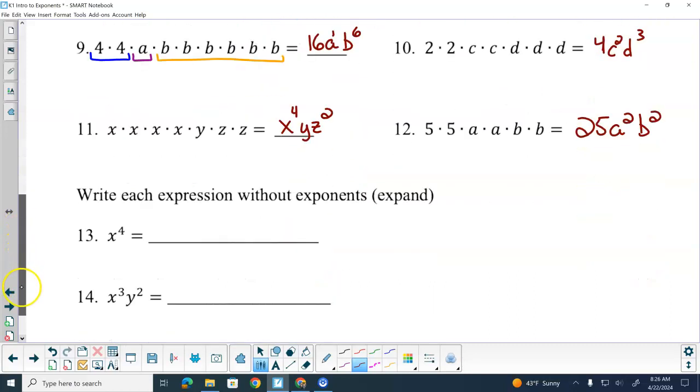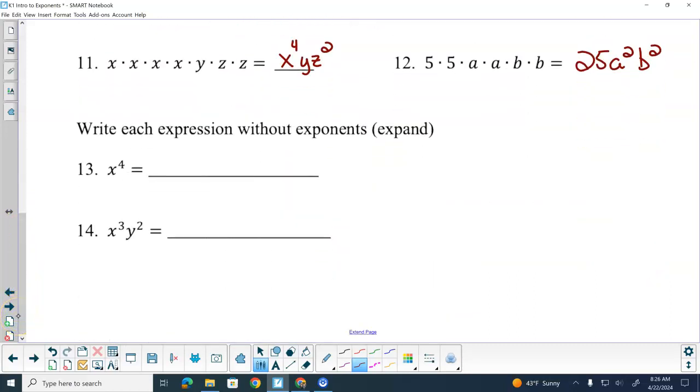Now, the other way is expanding it out. So x to the 4th is going to be x times x times x times x. We're going to write out x 4 times. Following that pattern, Urelli, we're up to you. What would x cubed, or x to the 3rd power, y squared, expand out to be?